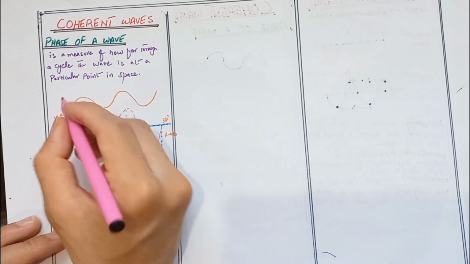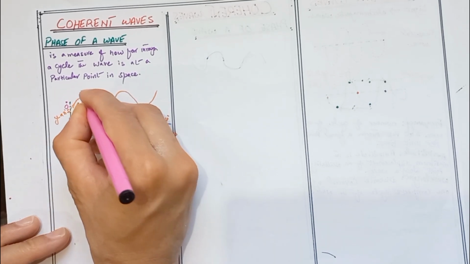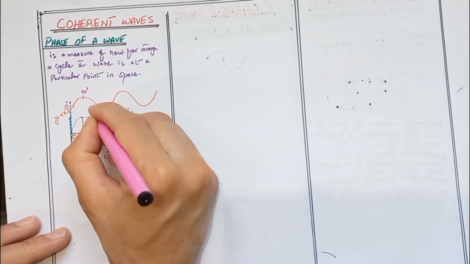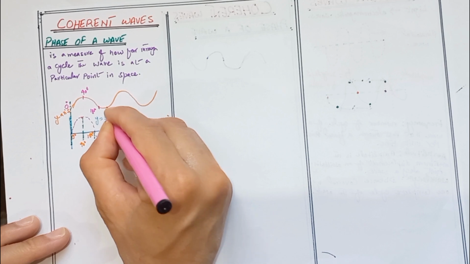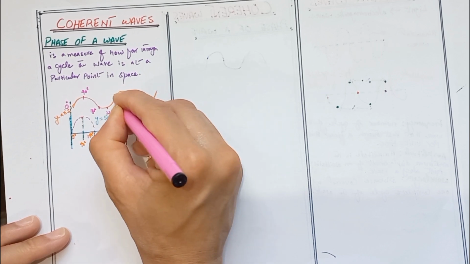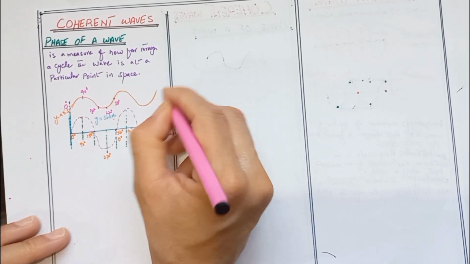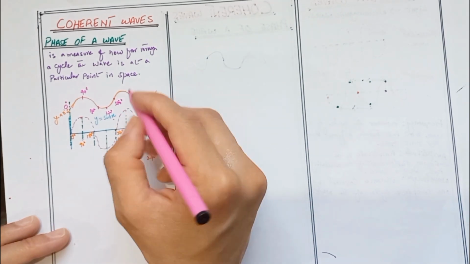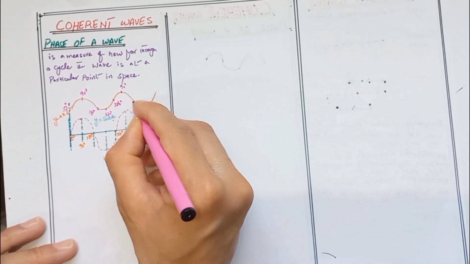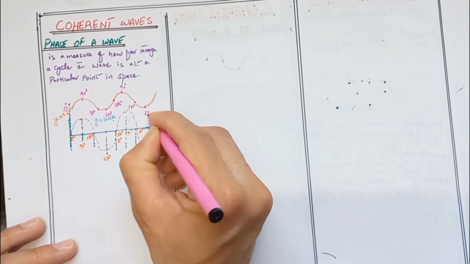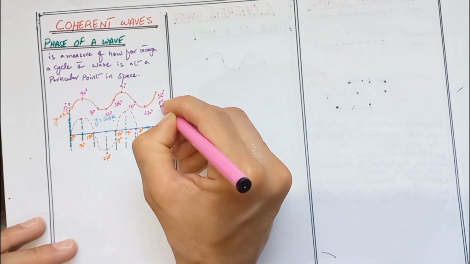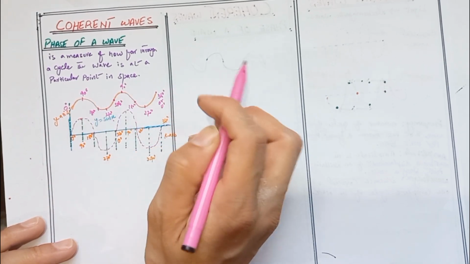In the minimum position, the phase has a 0 degree value. In this position, 90 degrees, then 180 degrees, 270 degrees, and 360 degrees. Then the cycle repeats again with 90, 180, 270, and 360 or 0 degrees. This is how we determine the phase of the wave.